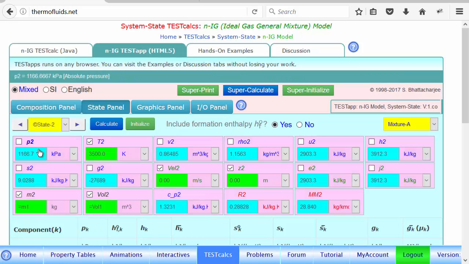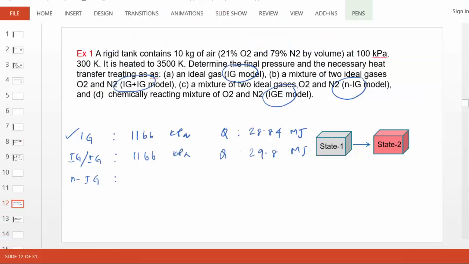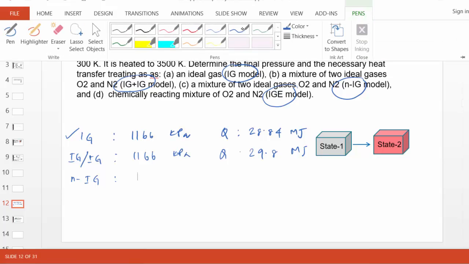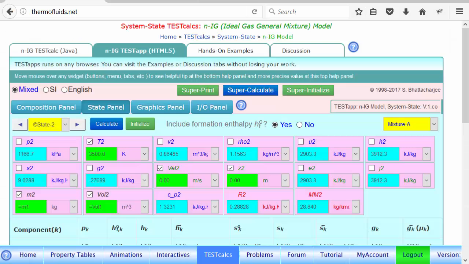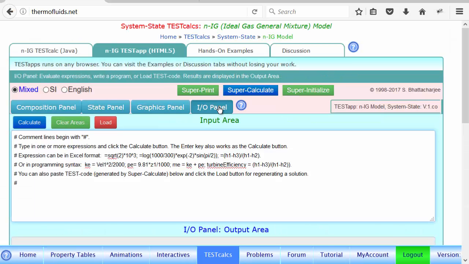Again, the final pressure is exactly what we got in the binary mixture, which is what is expected because we didn't really change anything. 1166 kPa, and I bet Q will be closer to this number. We go to the IO panel, so we calculate Q equals mass times change in energy.